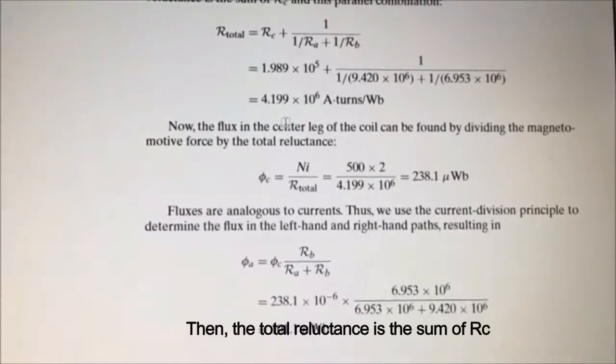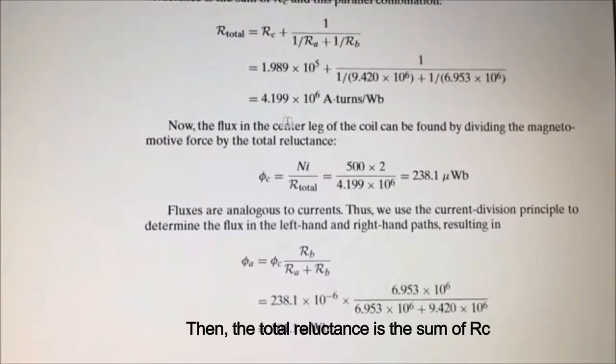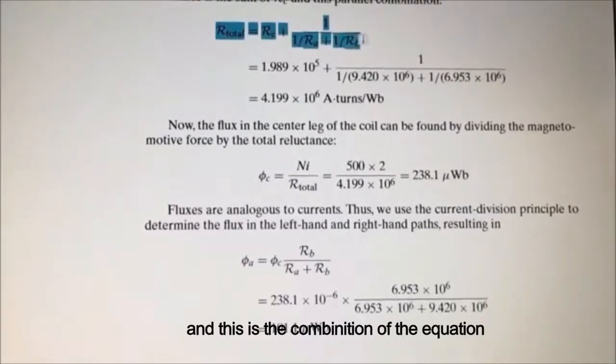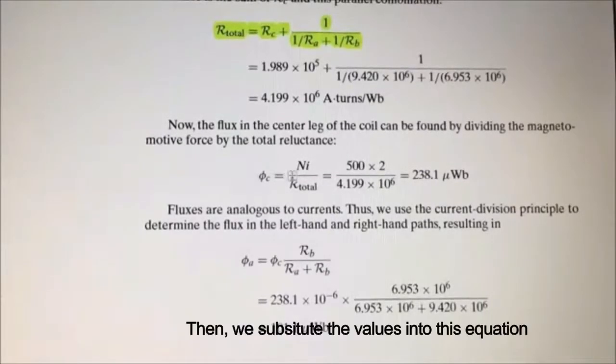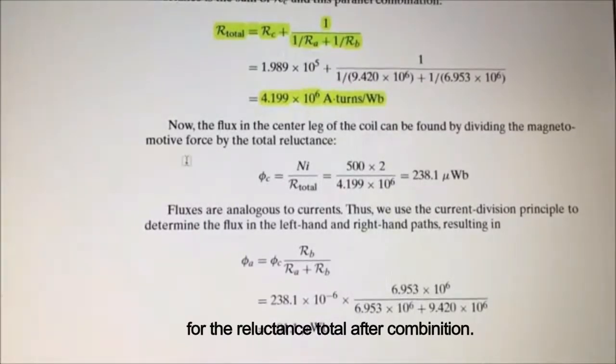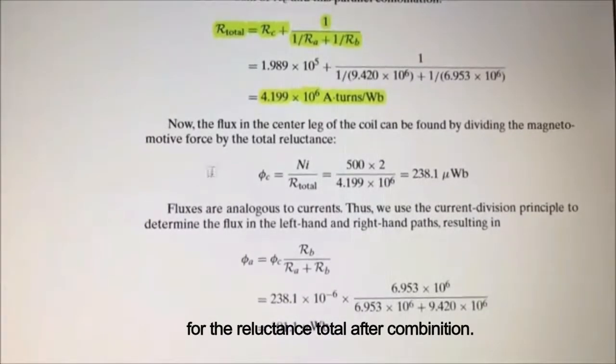Then the total reluctance is the sum of RC and this combination. Substituting the values, we obtain this value for the total reluctance after combination.